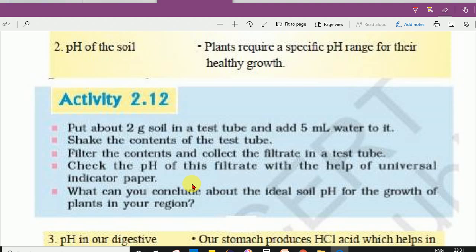So the answer, please note down here, is you will add calcium oxide, quicklime, because quicklime when dissolved in water will form calcium hydroxide, which is good for the soil as well. It is moderately basic in nature, so it will bring the acidic nature of the soil to slightly basic. So pH is very important in our life.